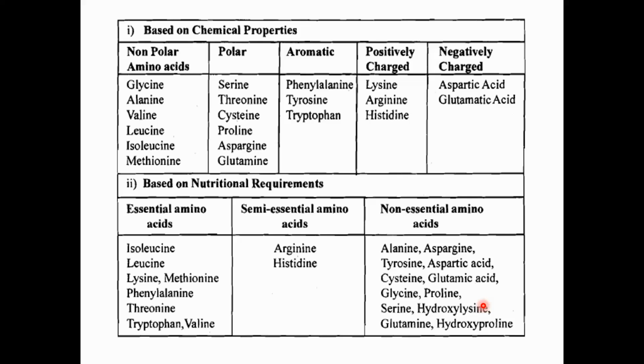We will see why we call them polar or non-polar. For the non-polar amino acids, we have glycine, alanine, valine, leucine, isoleucine and methionine, and for the polar, we have serine, threonine, cysteine, proline, asparagine and glutamine. For the aromatic, we have three very popular amino acids, and wherever the name aromatic amino acid comes, you should quickly say phenylalanine, tyrosine and tryptophan.